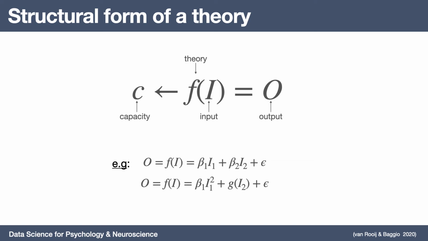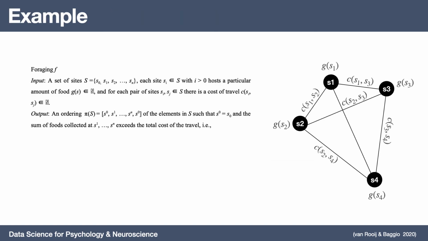So the authors present an example of this in the context of foraging. Imagine that you're an animal wandering an environment that has a set of food sites, and you're exhibiting the behavior of foraging to the different sites. In the example I have on the right, I'm showing 4 sites, but this works for any number of sites.